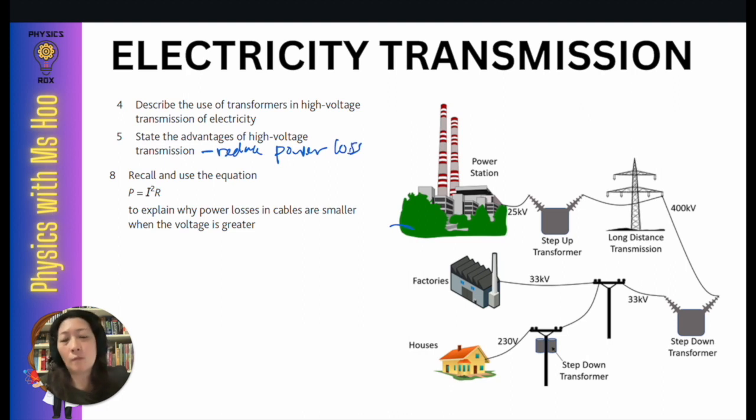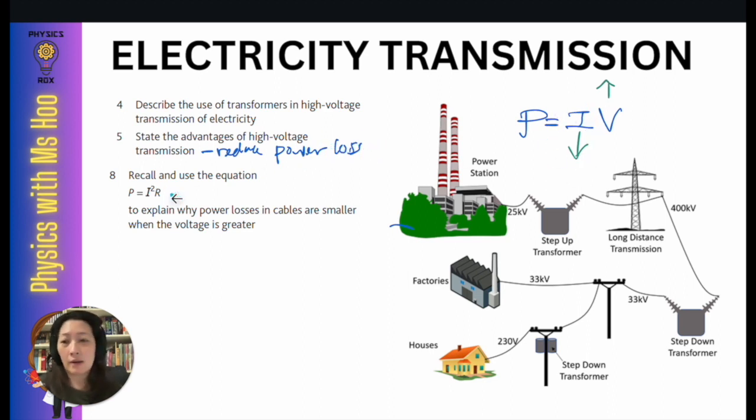So the reason why high voltage transmission can reduce power loss is because if the electrical power is a fixed value from the power station, what happens when we increase the voltage is that the current will be reduced. So lower current can reduce power loss. Why?